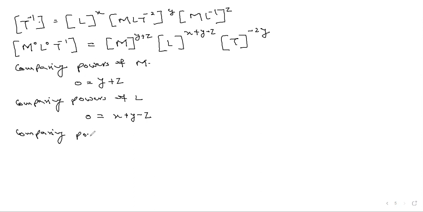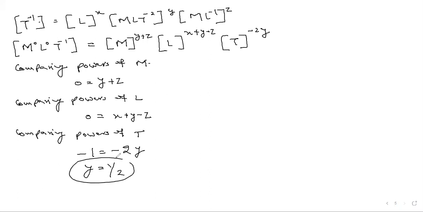Comparing powers of T, minus 1 equal to minus 2y. So y equal to 1 upon 2. Am I clear? If y is 1 upon 2, so z here will be minus 1 upon 2, my dear.